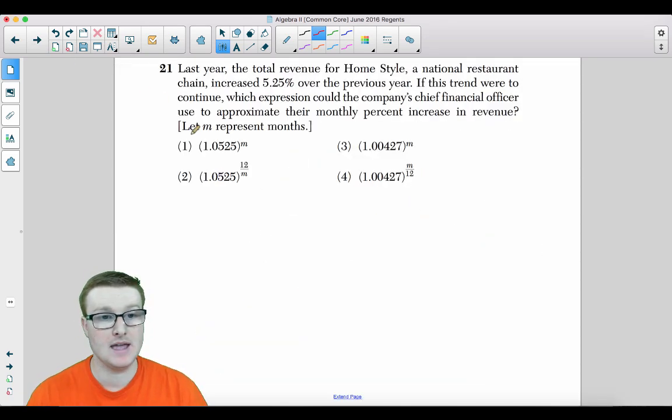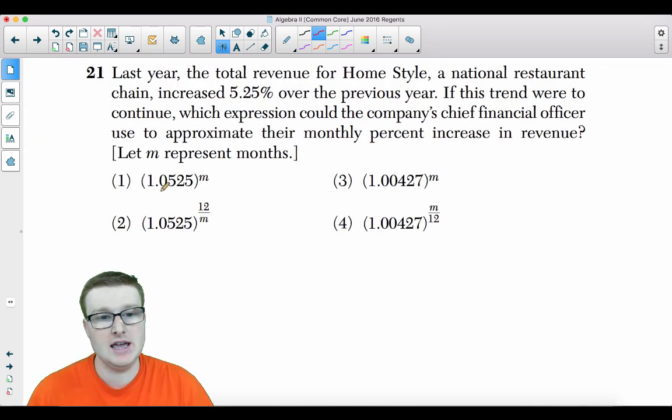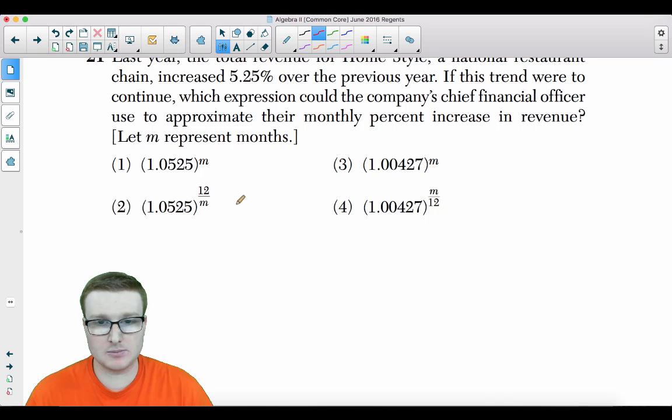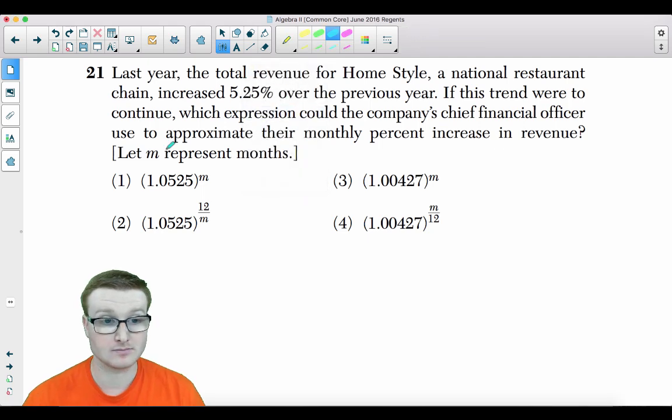All right, moving on to number 21. Last year, the total revenue for Homestyle, a national restaurant chain, increased 5.25% over the previous year. If this trend were to continue, which expression could the company's chief financial officer use to approximate their monthly percent increase in revenue? Let M represent the number of months.